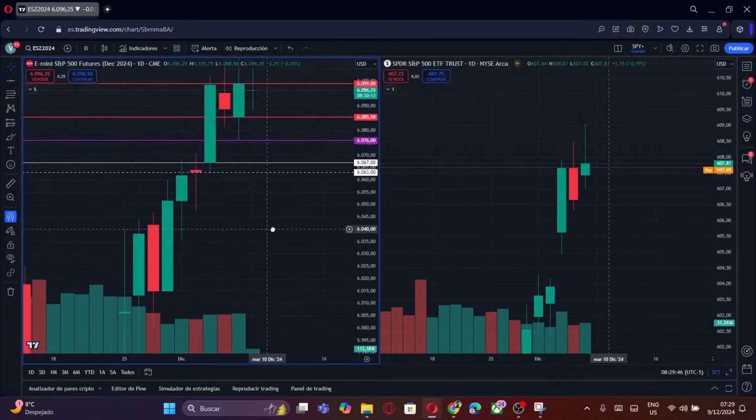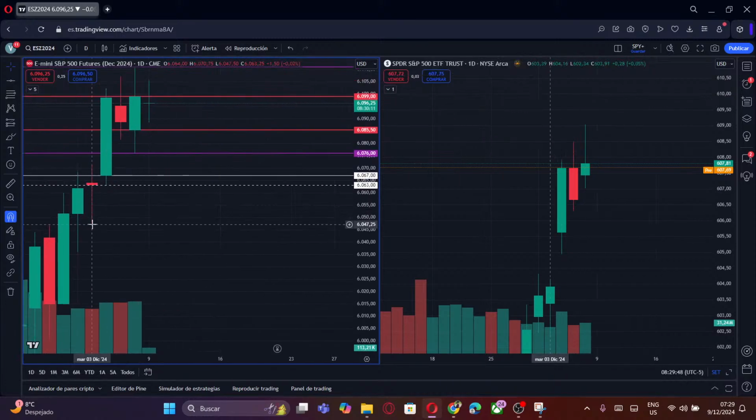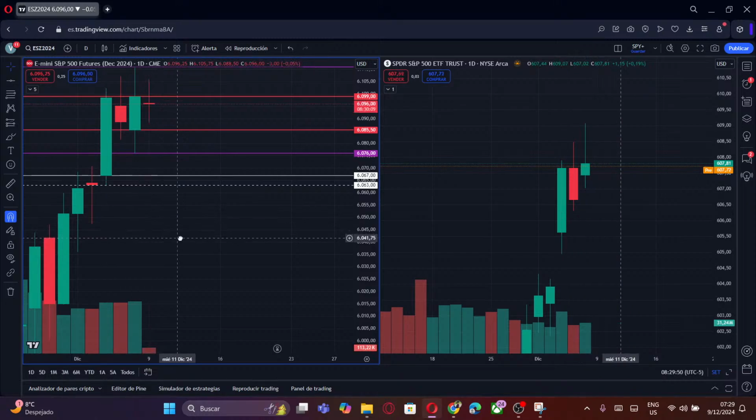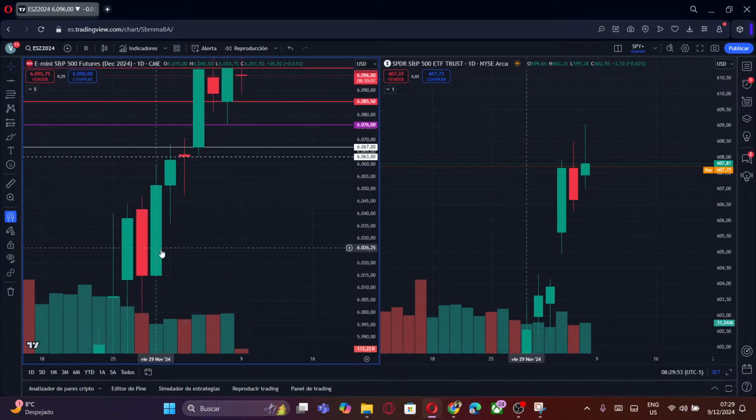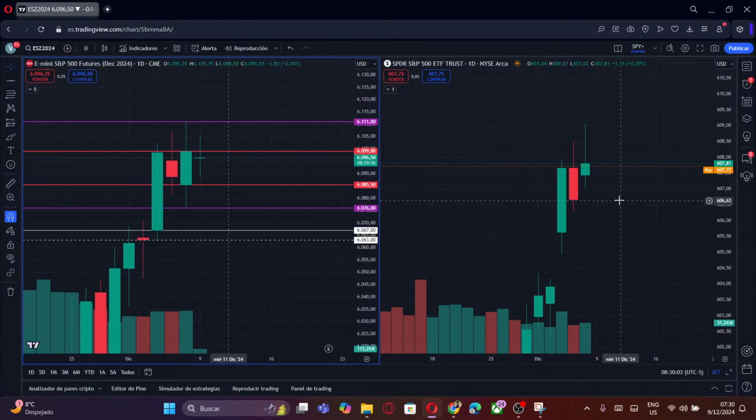Perfect. So we can continue marking. If you are trading, yes, you can continue marking the rest. As long as the level hasn't been mitigated, you can mark it. You can mark this one, this one, this one.